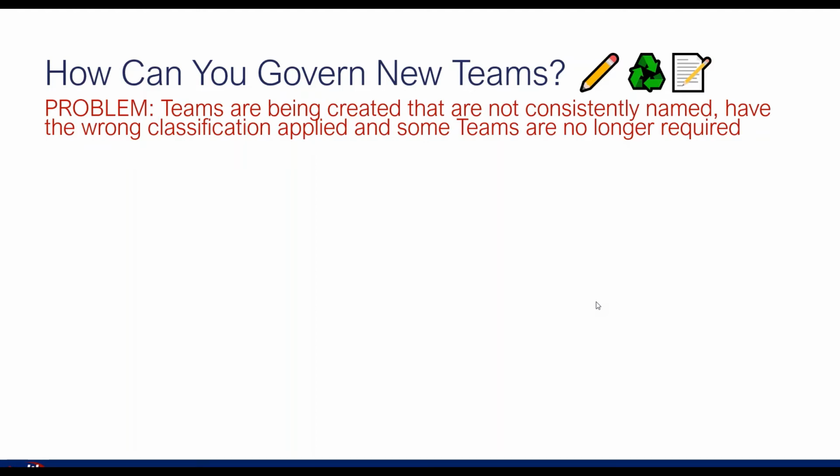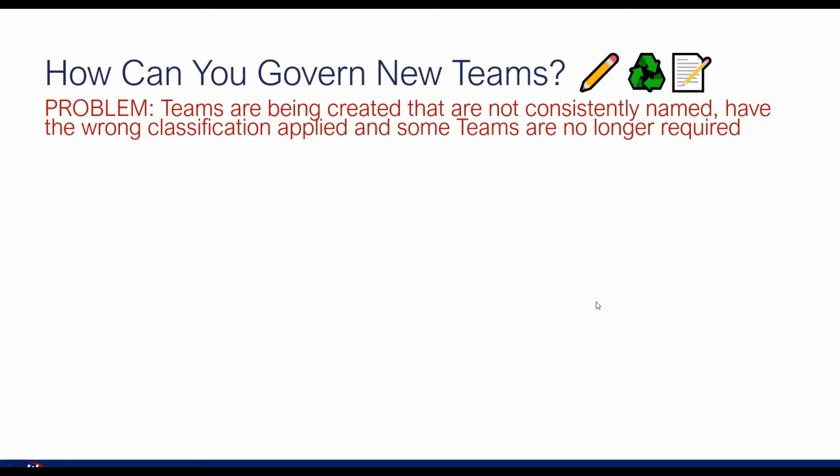By classification, you may have the concept already within your tenant for sensitivity labels, so you can apply a sensitivity label to a team as well. You may want to ensure that people are not, for example, choosing a public classification when you don't want any team to be classified as public. Maybe you just want them as internal or restricted or confidential.